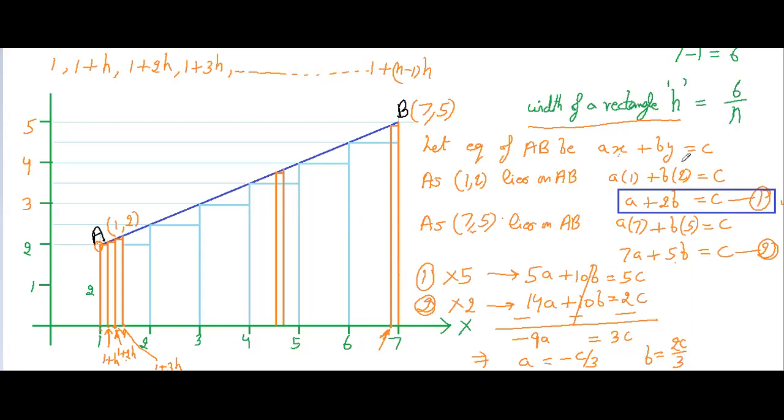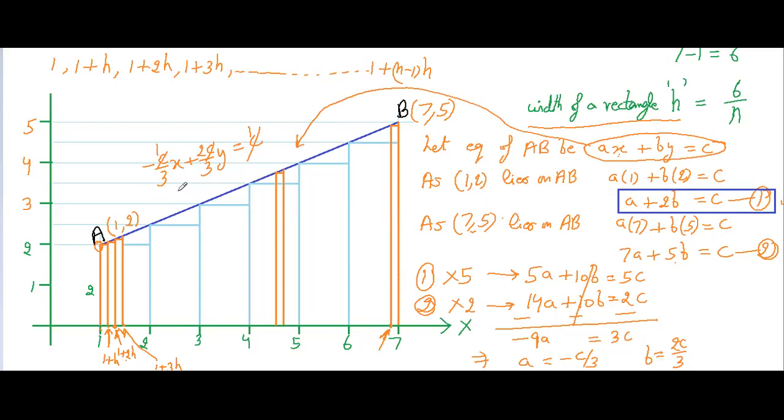So the equation of this line becomes minus c by 3 x plus 2c by 3 y is equal to c. C cancels.